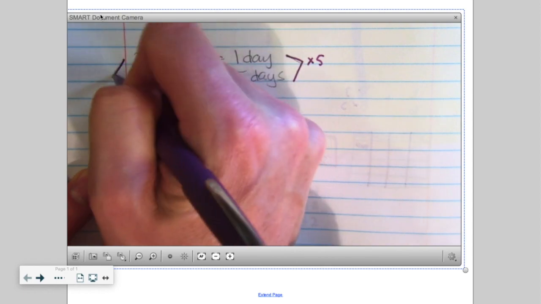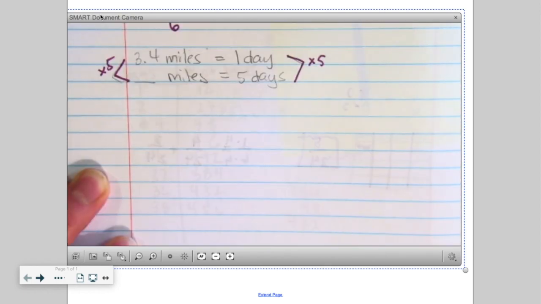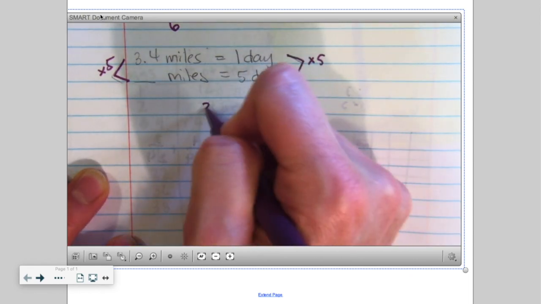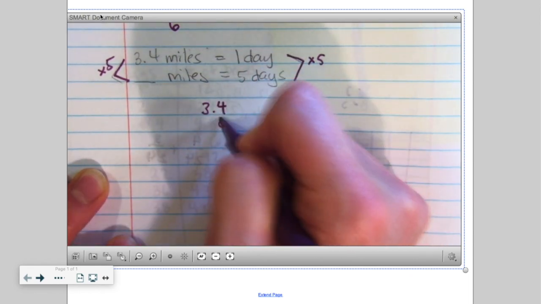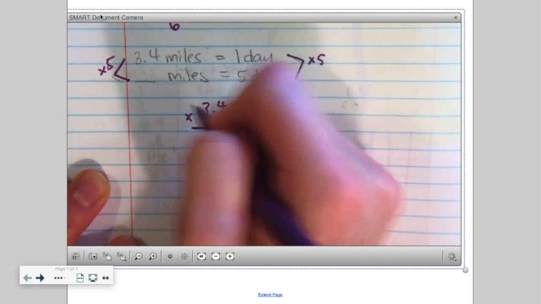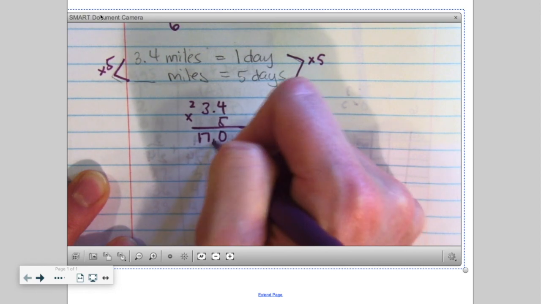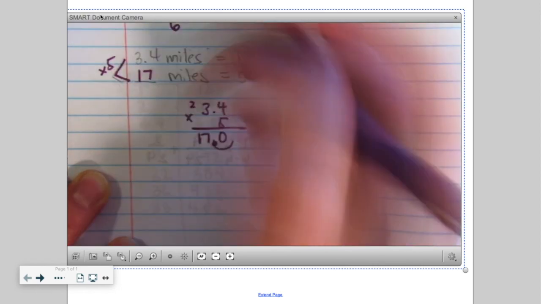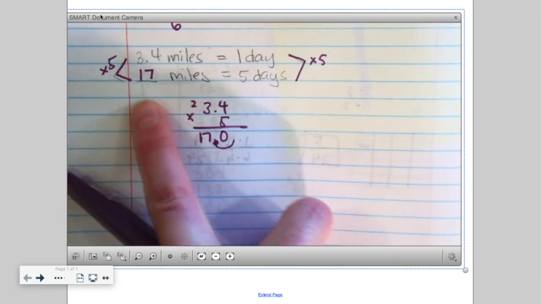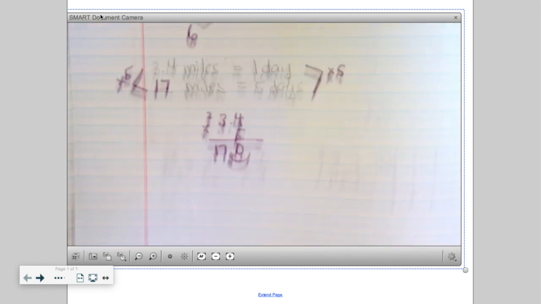So to go from 3.4 miles to blank miles, I'm going to multiply 3.4 times 5. I'm just going to algorithm it out. And I move 1 decimal in. So in 5 days, I would walk 17 miles. 17 is my answer. Moving on to number 5.